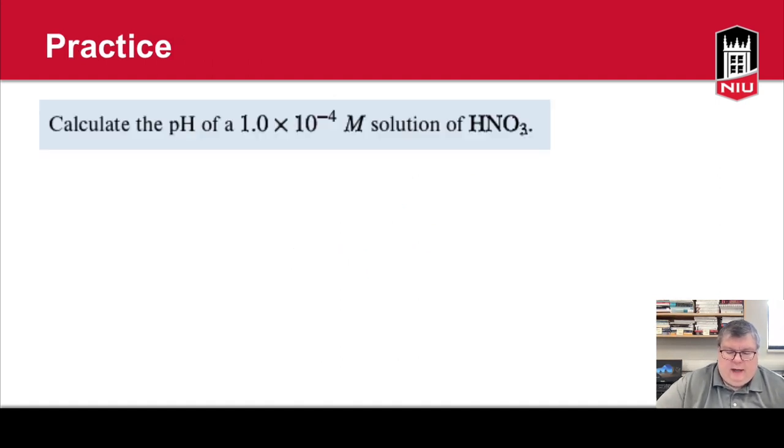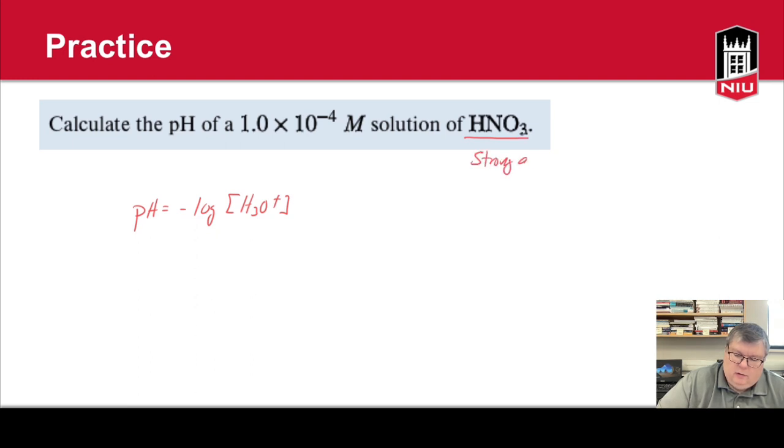So let's calculate the pH of a 1.0 times 10 to the minus 4 molar solution of HNO3. So what I will do is I will write pH is equal to negative log of the H3O+ concentration. Now HNO3 is our strong acid. Therefore, it dissociates completely into H3O+ and NO3- in water.